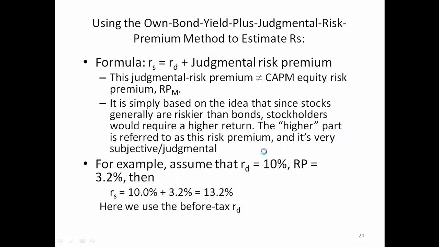The last approach to estimate the cost of equity is the own bond yield plus judgmental risk premium method. The idea is actually pretty straightforward. If the company has a bond and the bond yield is rd, so the own bond yield, and then plus a judgmental risk premium, that would give us the cost of equity estimate.